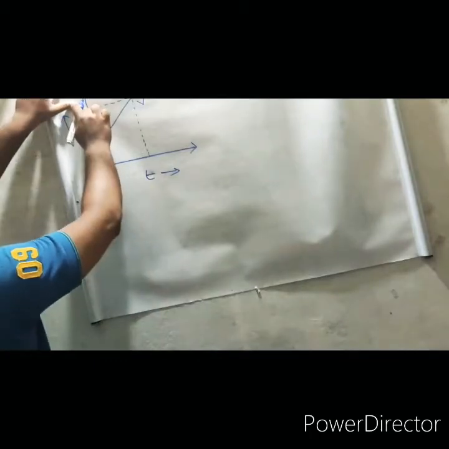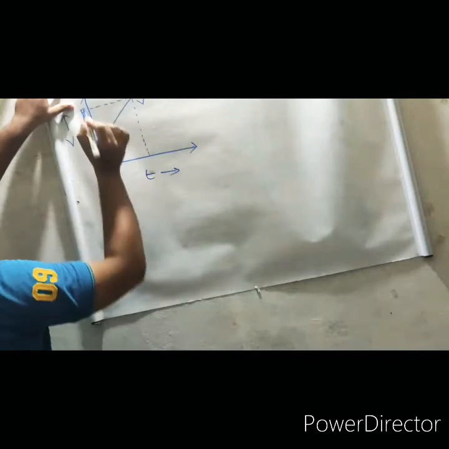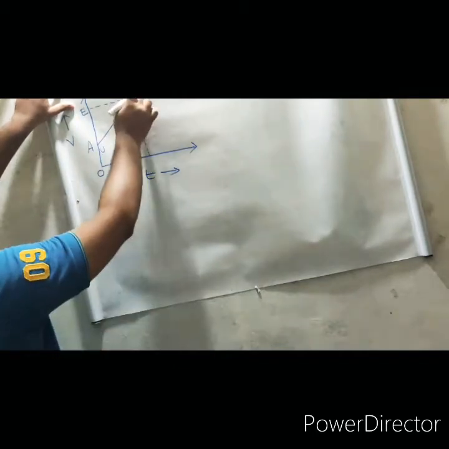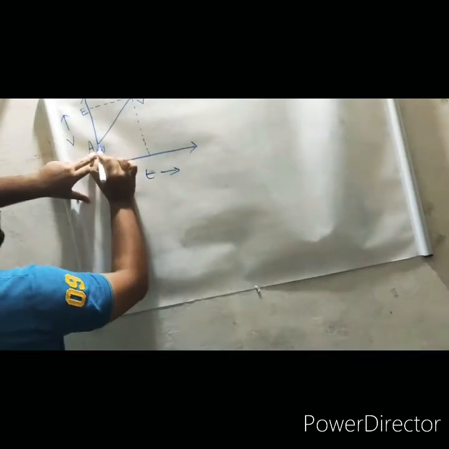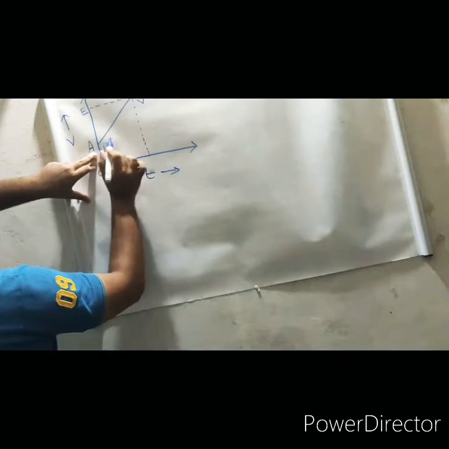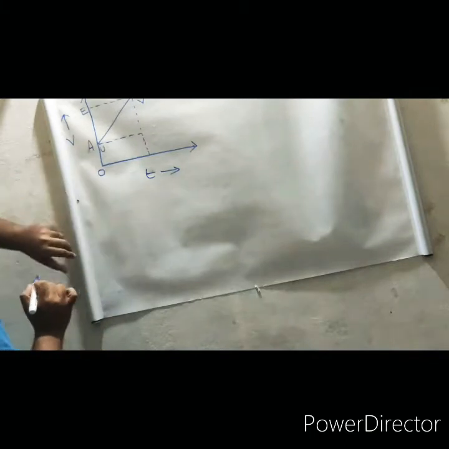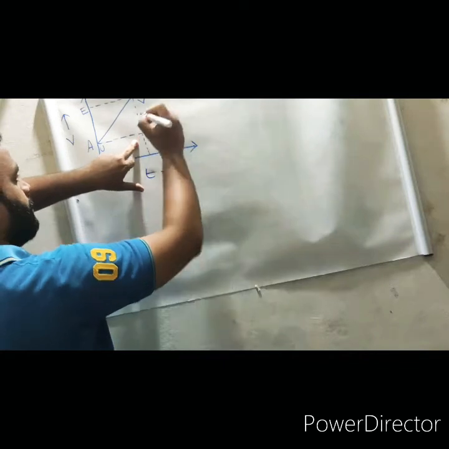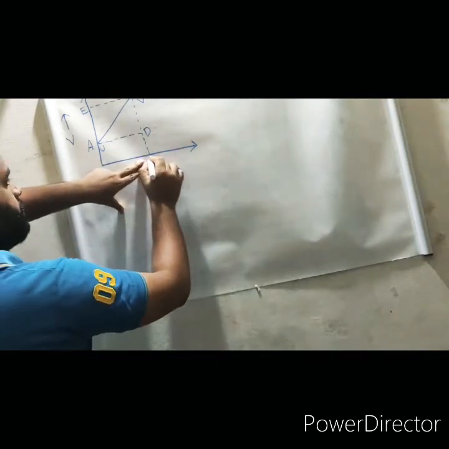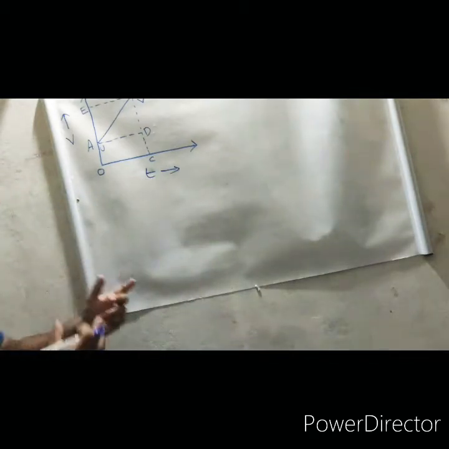Here we can name the point E, and to BE we can draw a parallel line, and name the points D and C.